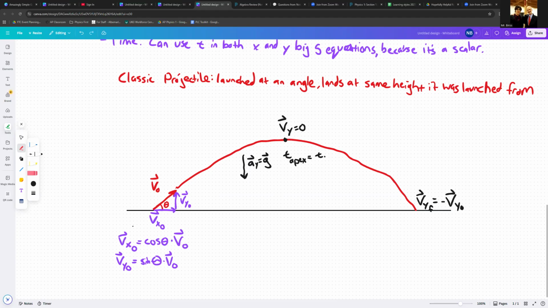So time total, t_tot, over 2. If it takes 4 seconds to fly through the whole projectile motion, then it would take 2 seconds to reach the apex. In this classic projectile example, half the time is to get to the apex, the other half the time is to go back to the ground.